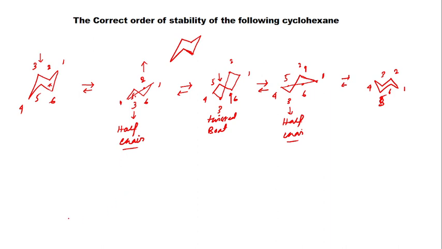Okay, so look, here it is. Let's write here, this is the cyclohexane, and this is the half chair. This one, and this, is one half chair. Then the twisted boat comes into action.